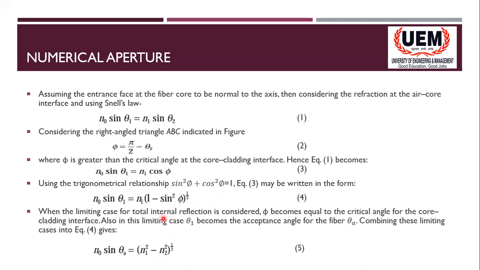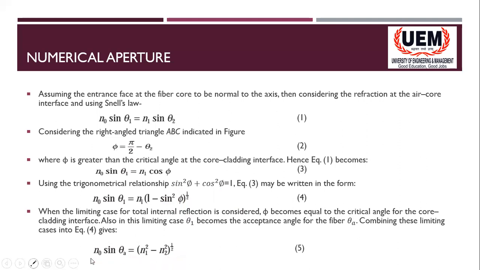So just replacing the value of sine square phi here, we can write n2 square by n1 square, and thus we can get this equation. A very small mathematical step that we have done here. So sine square phi is replaced with the value of critical angle, n2 by n1, and thus we are writing this equation.